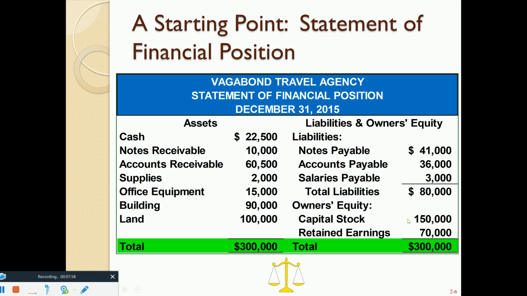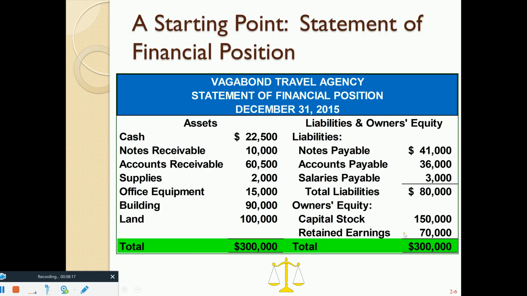You can see the equity is broken up into two categories. You can see the first category, capital stock. This represents the owner's investment in the business. So when the owner actually invested their own money in the business, it comes here, capital stock.